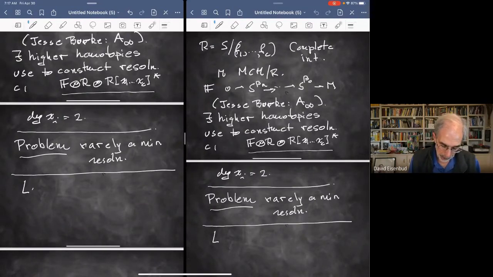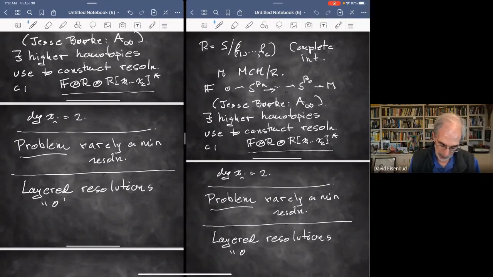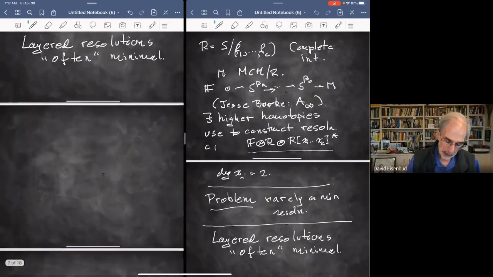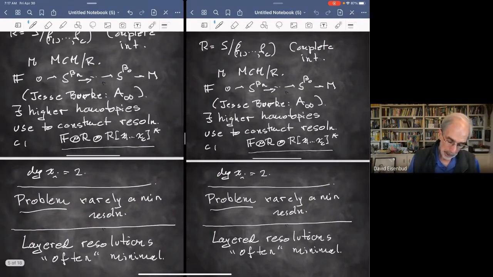So layered resolutions. Or I'll say often, and I'll explain that later on, minimal. So I want to tell you how to construct the layered resolution of such a module M, a maximal Cohen-Macaulay module with no free summands.